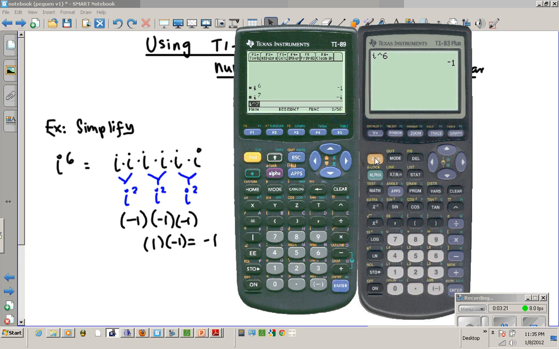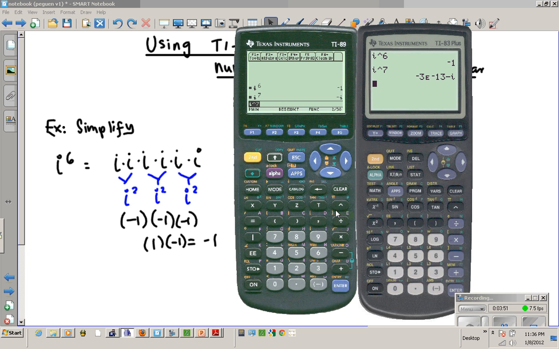If I try it here, I get this weird number. This is basically 0, a very small number, which is just like 0. 0 minus i is just negative i. But to get a nice clean result, for any power greater than 6, the TI-89 is much more reliable. This one requires more work.